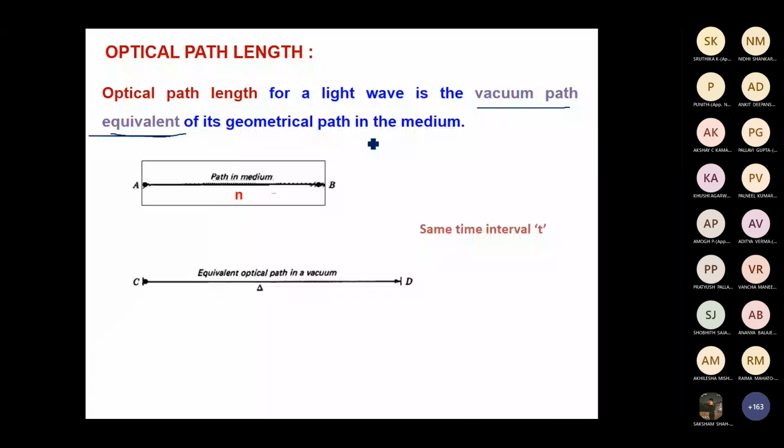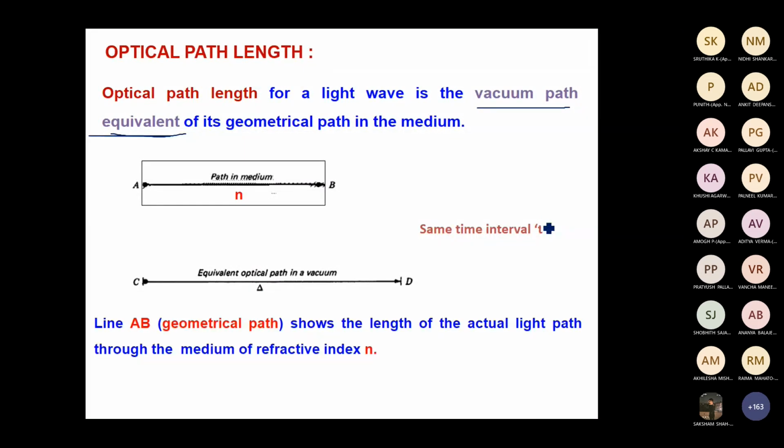Let us assume a medium having a refractive index of N, and a light ray traveling in it. It travels a distance of AB. In the second case, if there is no medium, it is a vacuum, and it travels a distance of CD. The time interval is the same.